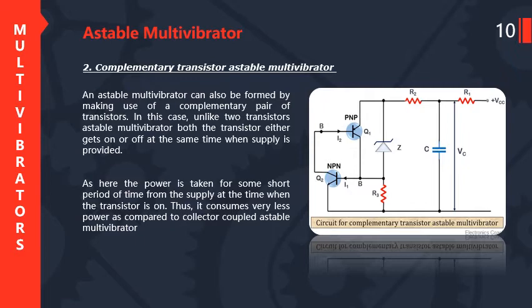As here the power is taken for some short period of time from the supply at the time when the transistor is on, thus it consumes very less power as compared to the collector coupled astable multivibrator. The figure shows the circuit diagram of a complementary transistor astable multivibrator circuit.